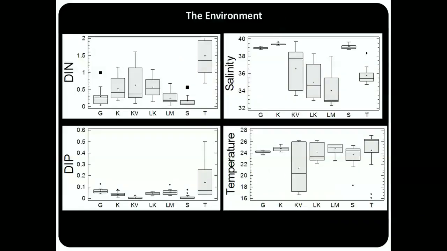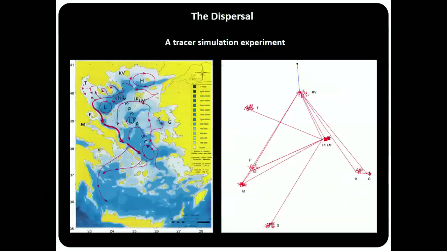And it is relevant to also ask whether the environment is affecting assembly processes, because also we have a lot of variation in our abiotic variables such as dissolved inorganic nitrogen, phosphorus, salinity, and temperature amongst our different gulfs. But we also have this really cool information about connectivity of our gulfs, and this was actually quite different between pairwise comparisons of gulfs.